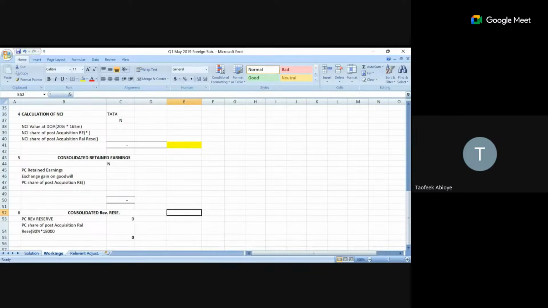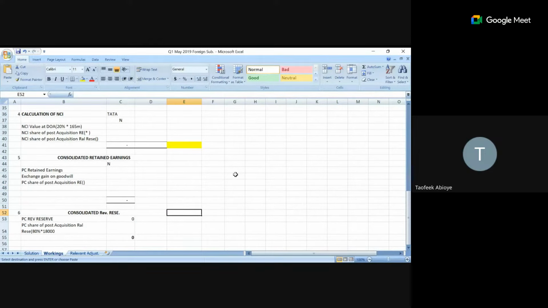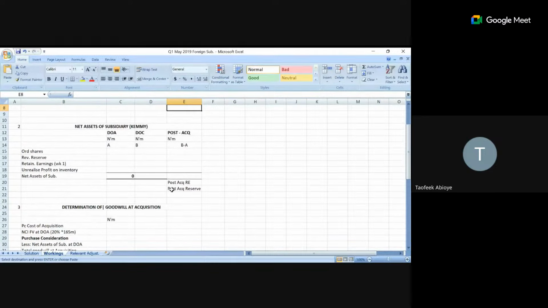But for subsidiary company, what is the reserve of subsidiary company? Let's go back. How much is it? 18,000, right? So let's copy. Where are we taking this 18,000 to? For the subsidiary company, we are taking it to working note 2.